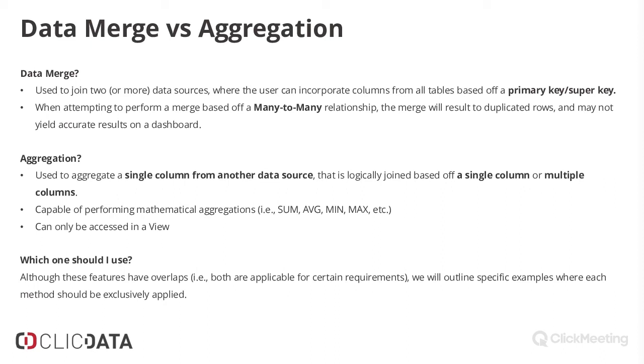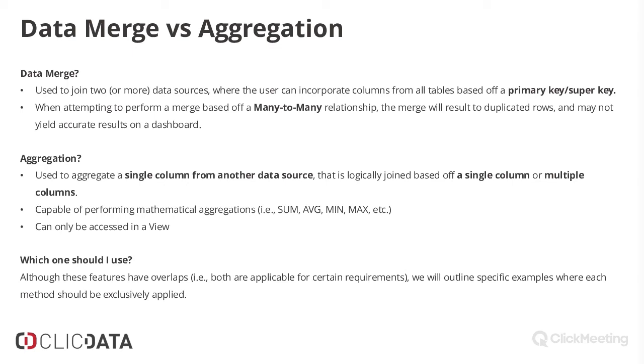To talk about the aggregation transformation, it is used to aggregate a single column from another data source that is, again, logically joined based off of a column or multiple columns. So the logic behind the two is very similar. However, one thing that the aggregation transformation has over the data merge is that it is much easier to perform mathematical aggregation.